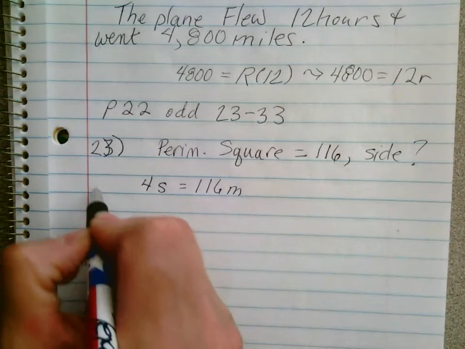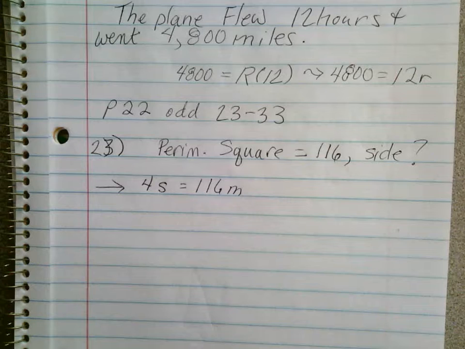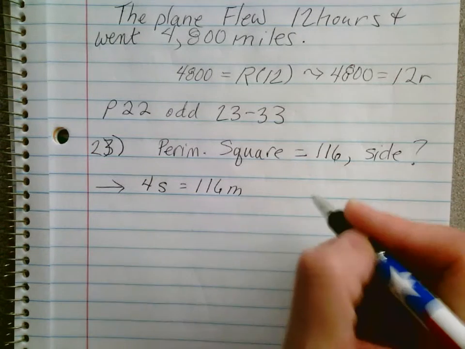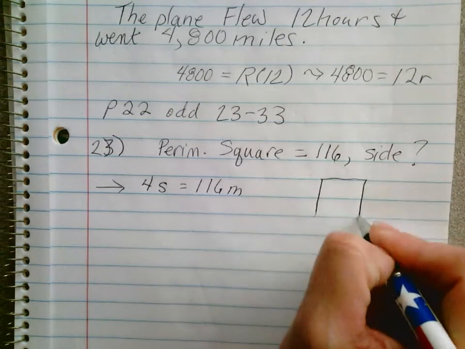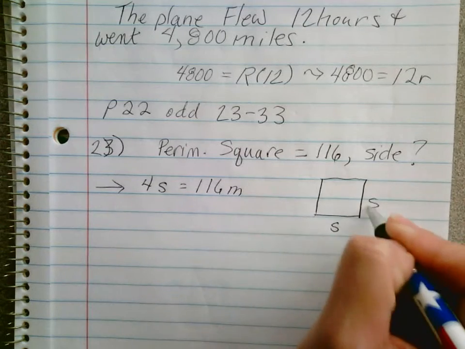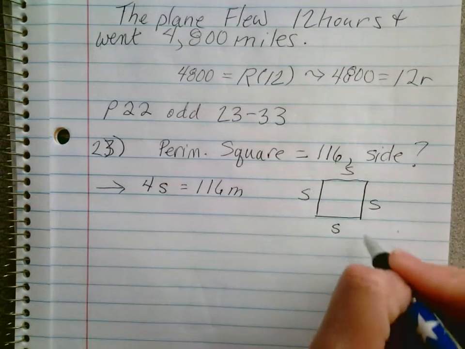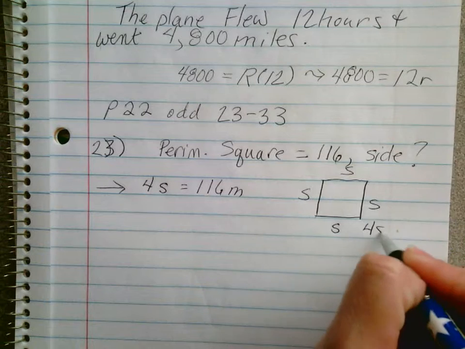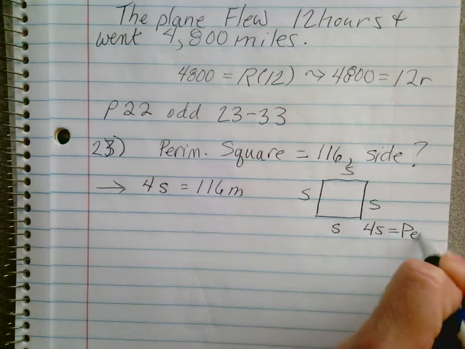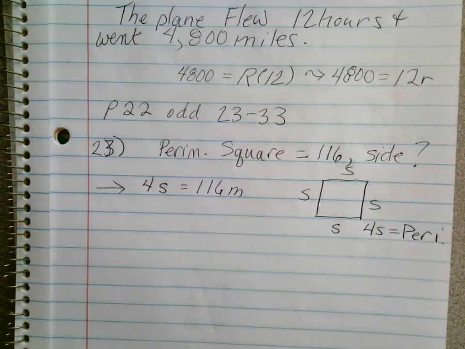Okay? So this, my friend, would be the answer. Okay, because the perimeter of a square is simply the sum of the sides. Now, rather than write s plus s plus s plus s, just multiply it by 4 because it's all the same anyway. Any questions on that one? Not too shabby, right?